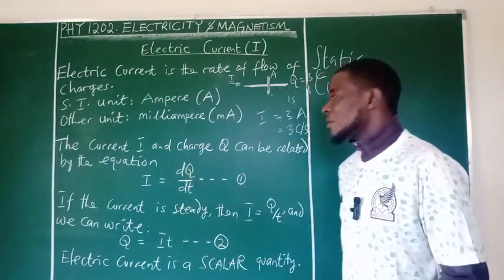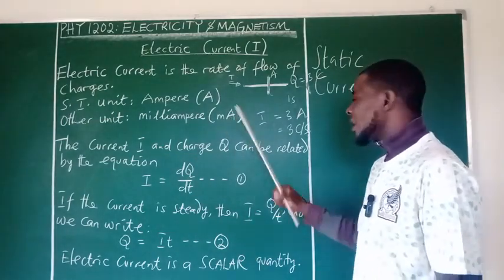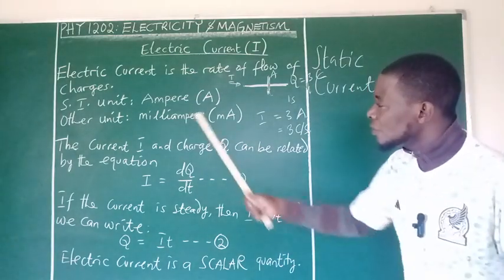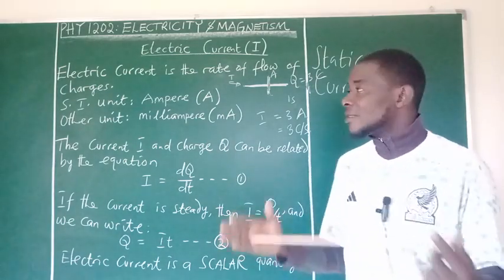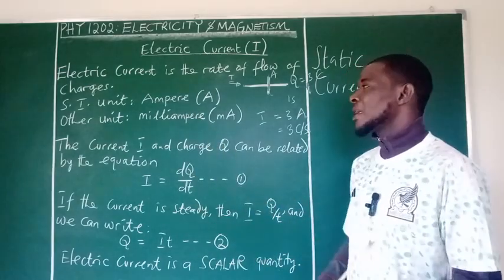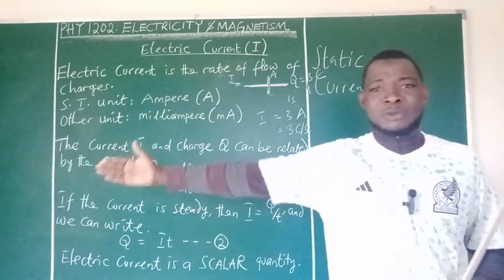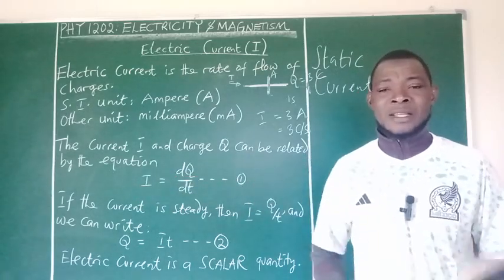The other unit is milliampere, and the m is in the lower case, A in the upper case. Why do we have this milliampere? Because we have some devices for which 1 ampere is a very large current. When it flows through those devices, it can damage them.